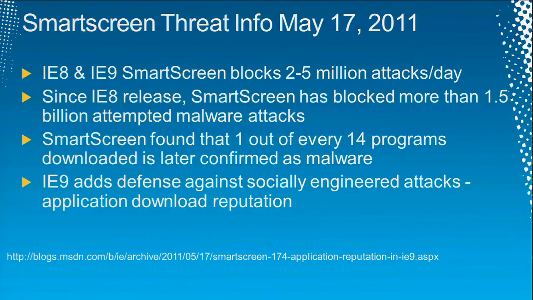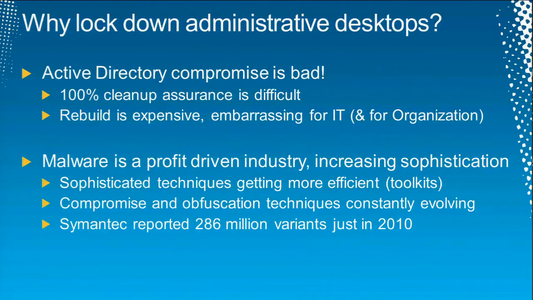And this was actually, I believe, in an IE blog that was posted yesterday or today. So this is all public information. And so IE9 also adds defense against socially engineered attacks and gives you reputation information about the downloads that you pull down, because 1 out of 14 of them have been seen to be compromised.